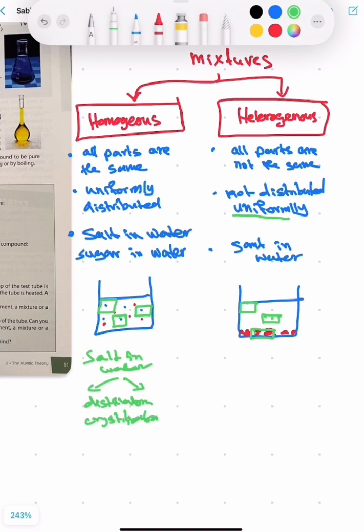You can only use chemical methods to separate it into hydrogen and oxygen. So for mixtures, it's easier. For heterogeneous, because sand does not dissolve in water, what do you use? Filtration. And you can easily separate sand from water.